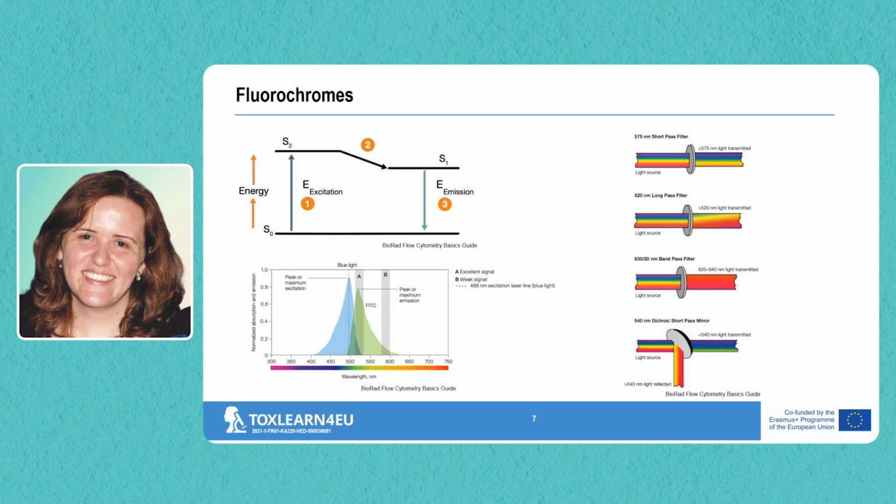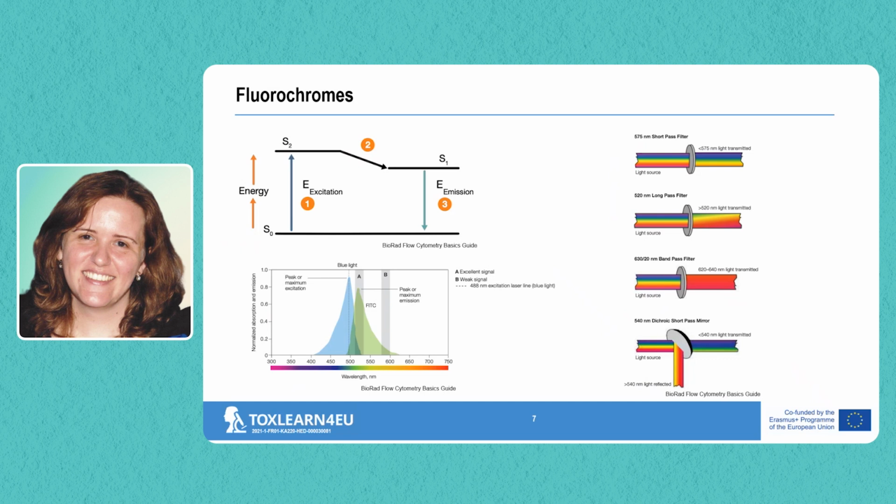If we need to consider all this when we use fluorochromes, then our equipment, our flow cytometer, will need to have a number of filters. We will have to include in our cytometer filters that are able to select the light that we want to detect.